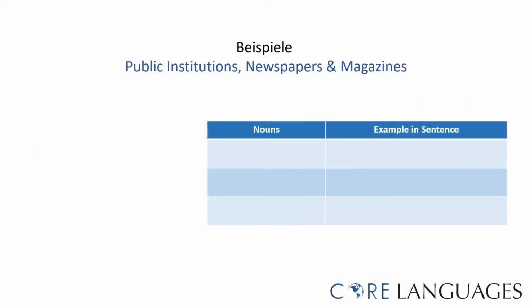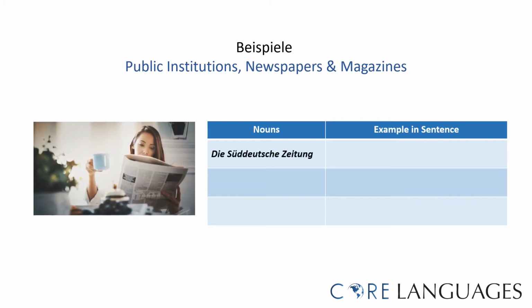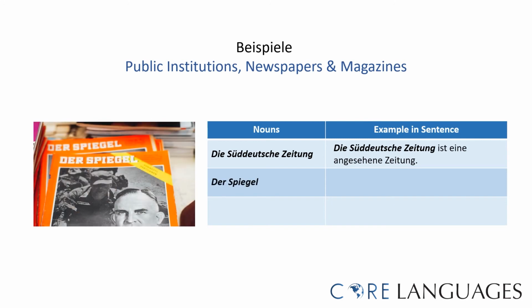Here are some Beispiele of sentences referring to public institutions, newspapers, and magazines. For example, die Süddeutsche Zeitung. Die Süddeutsche Zeitung ist eine angesehene Zeitung. Die Süddeutsche Zeitung, or the South German newspaper, is a well-respected newspaper. Der Spiegel.